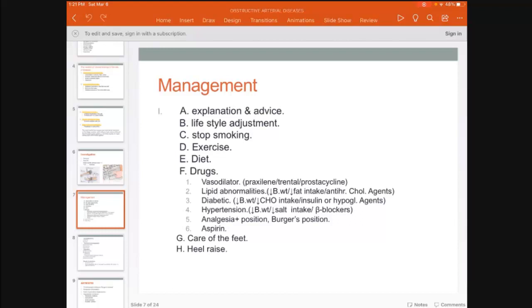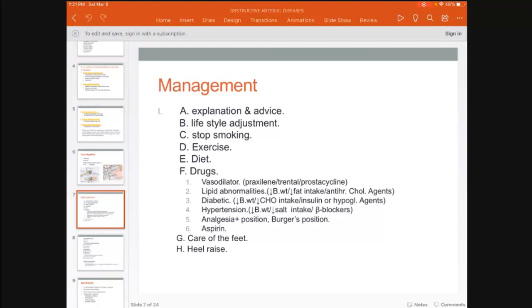Elevate the head of the bed, head up and leg down, which encourages blood flow to the lower limbs. He should also do an exercise when he lies down on his bed, elevating the limb above the bed and then lowering it below the bed. This is a good exercise for him to improve the blood flow.